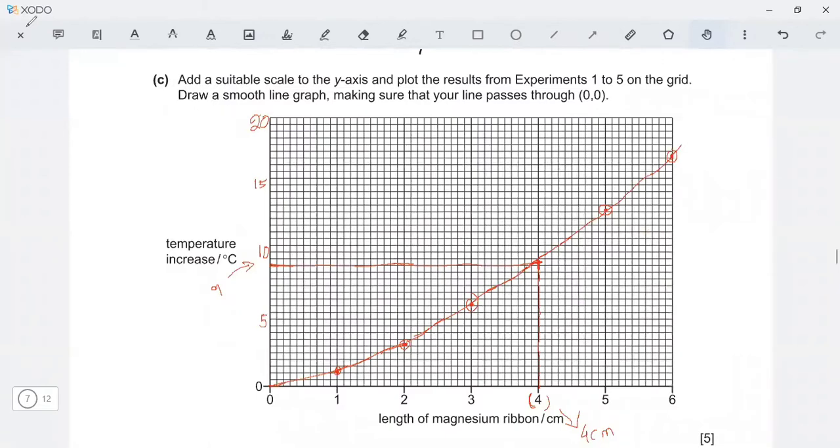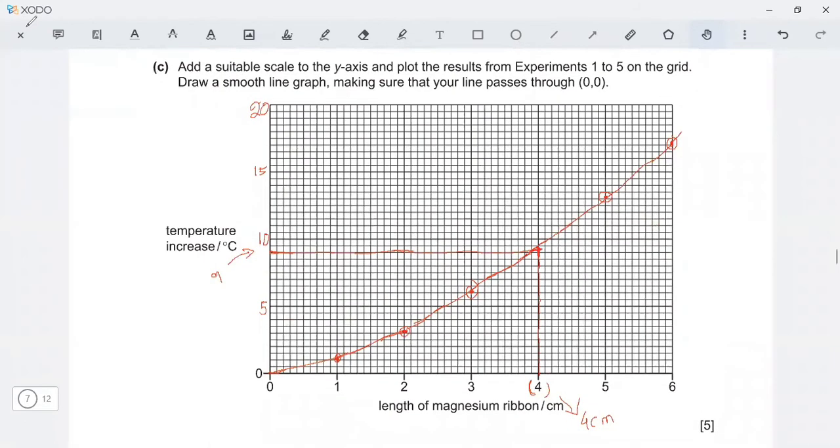So accordingly you have to do the graph. Now, 0 amount of magnesium ribbon used, then 0 temperature increase. When 1 centimeter cubed of magnesium ribbon is used, what is the temperature increase? We got 1, obviously.